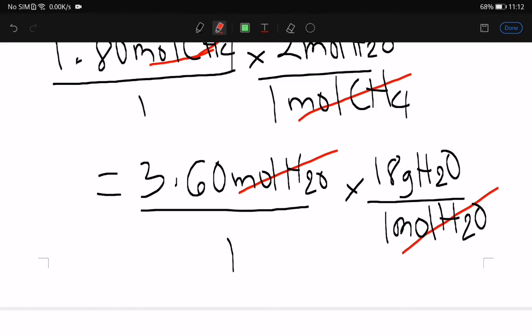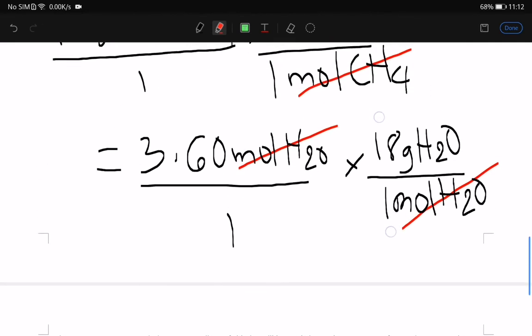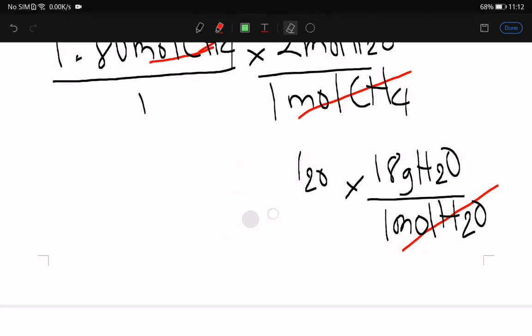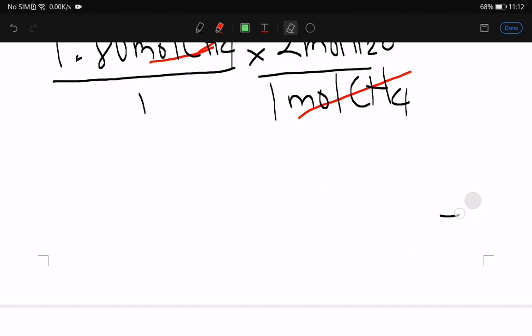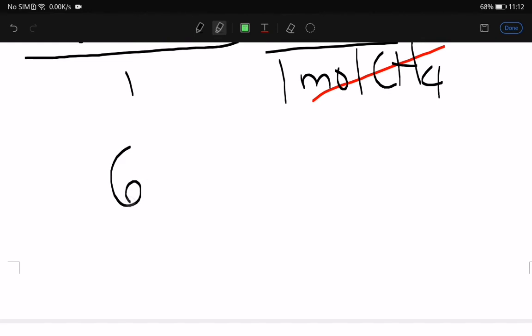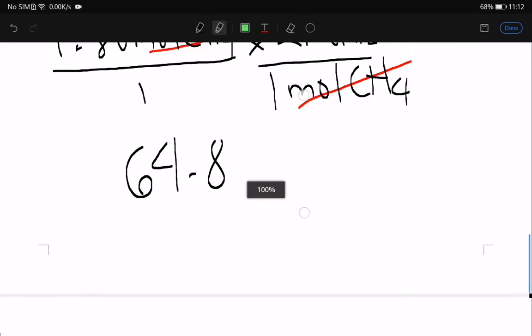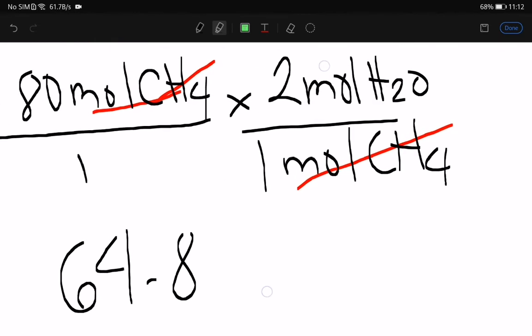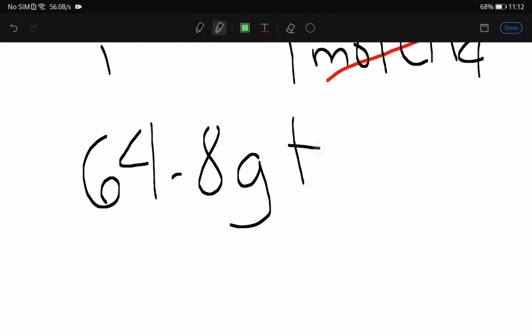So what do we get? Approximately, let's erase this since we already have an answer. The answer to that equation is 64.8 grams of H2O. This would be our final answer.